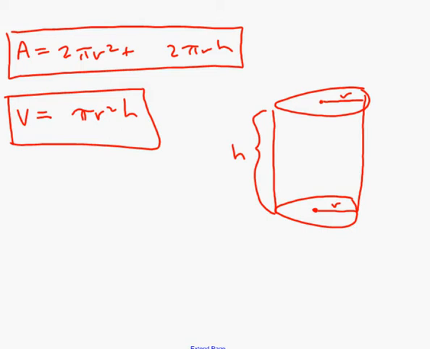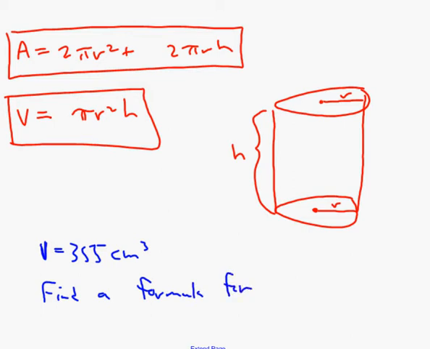So we're being told that volume equals 355 centimeters cubed, and they're asking us to find a formula for volume. And it doesn't really matter what this number is, actually. The process would be exactly the same.